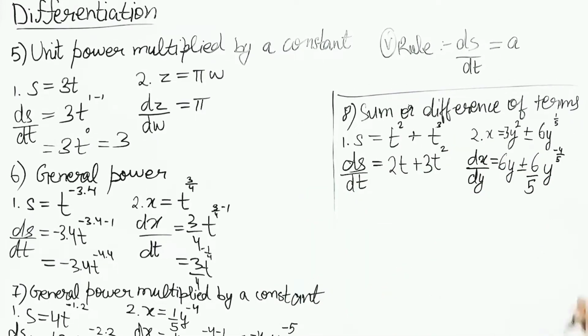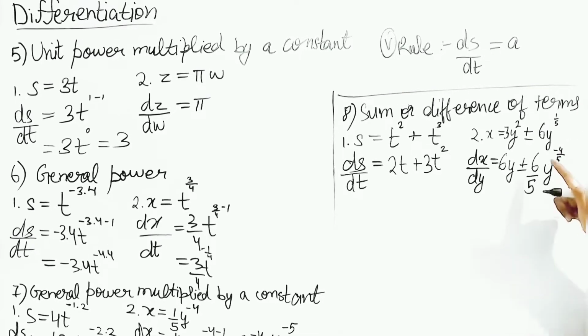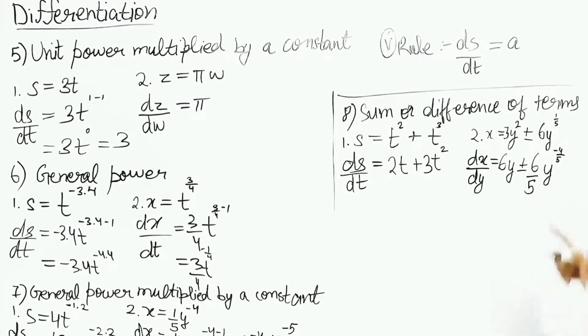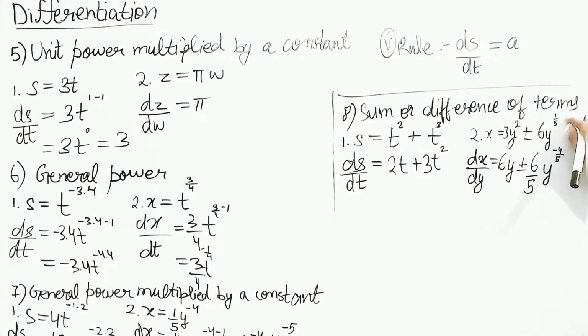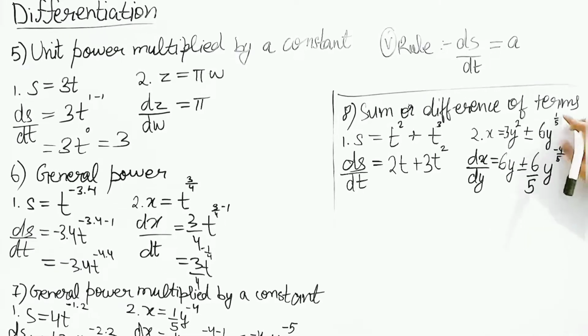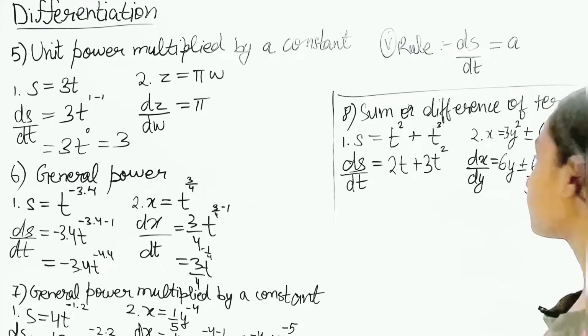This 1 by 5 will come here and get multiplied by 6, giving 6 upon 5y to the power of 1 by 5 minus 1. In the denominator we will have 5, and in the numerator 1 minus 5, which is negative 4, so negative 4 by 5. Yeah, it's absolutely right. So here we got our answer.